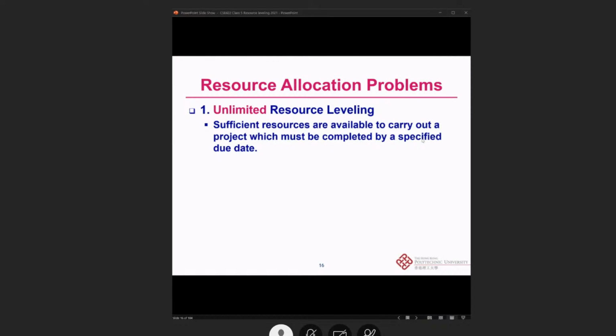Okay, so now you have the idea of how we can develop this kind of graph and utilization chart, right? But you may notice that now we face some problem. If we just assume this is unlimited resource leveling, where sufficient resources are available, like crews available in the market that we can hire when we need them, then of course everything will be perfect, right?